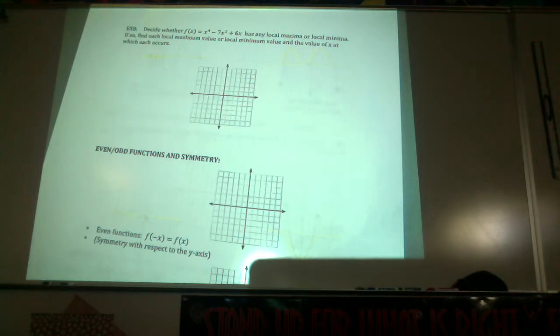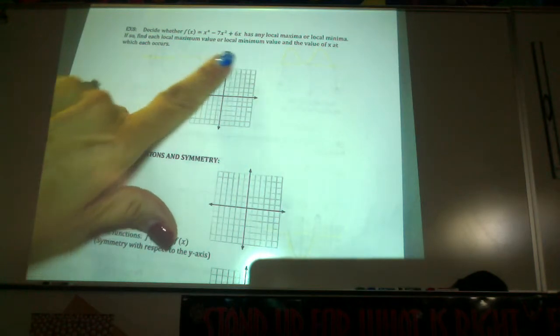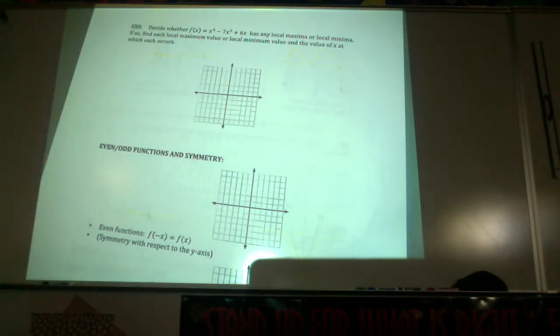Technically, the local max or min is just the y value, but oftentimes, like this one, they'll say, find the local max or min and the value of x at which that point occurs. I will typically ask for it in an ordered pair, but depending upon how they ask their question, MathXL depends upon whether they want just the y value or the ordered pair. Here they want the ordered pair, or they might list it out separately, and it'll be quite obvious on MathXL.